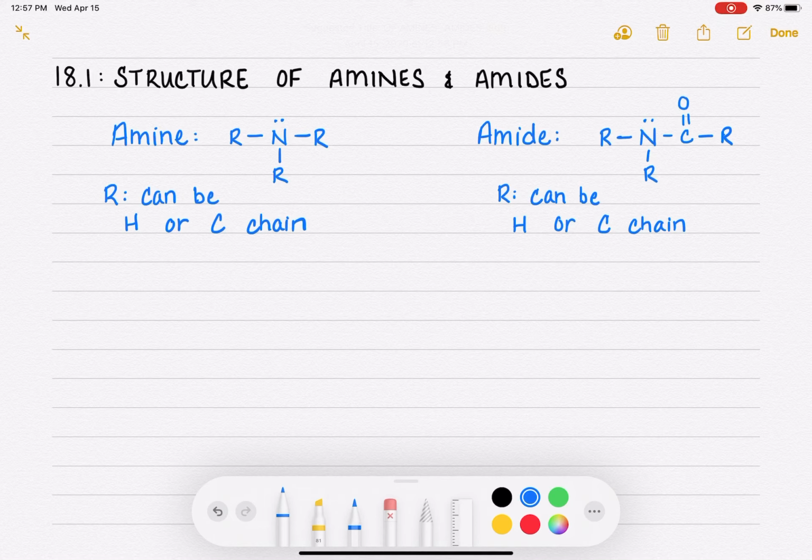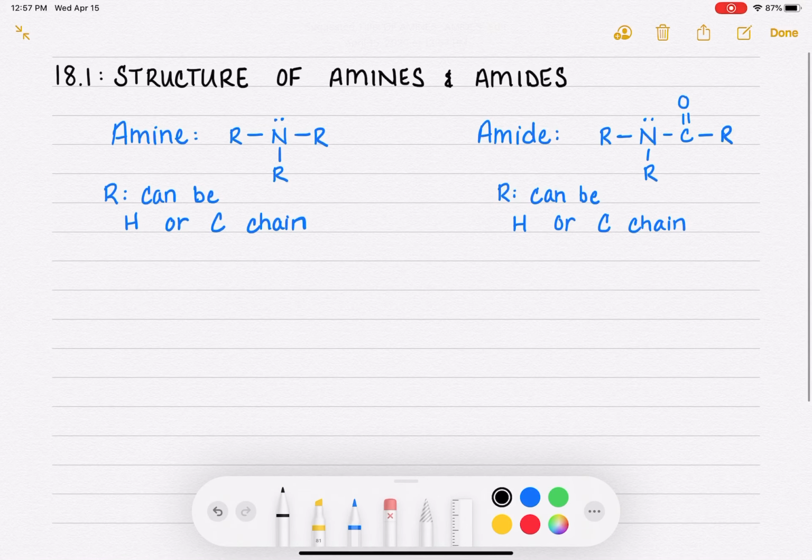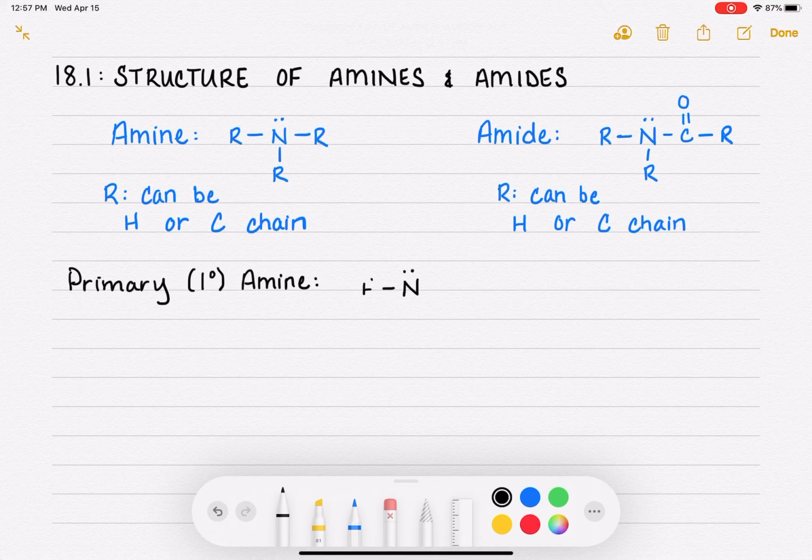For amines, they can be further classified as primary, secondary, or tertiary. Primary, we abbreviate with a little degree symbol. So a primary amine would be one that is a nitrogen that has only one of its R's as a carbon chain. So maybe I'll write like CH2, CH3.